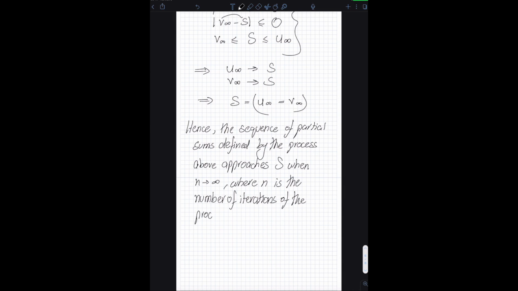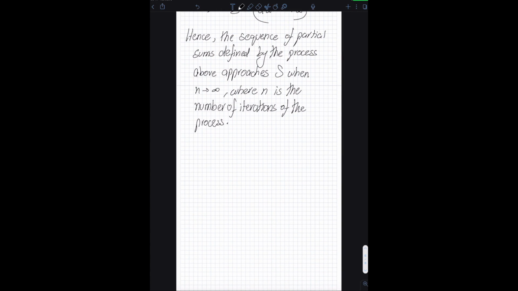Okay, and now I'm pretty much done. Let alpha that maps from N to N be a bijection which creates the partial sums outlined above.